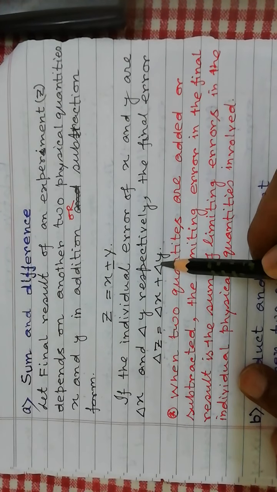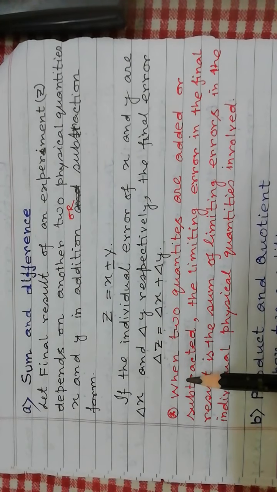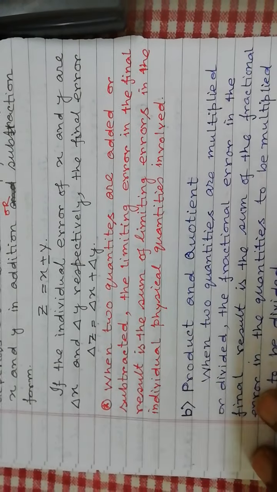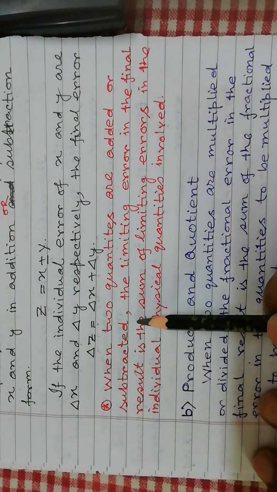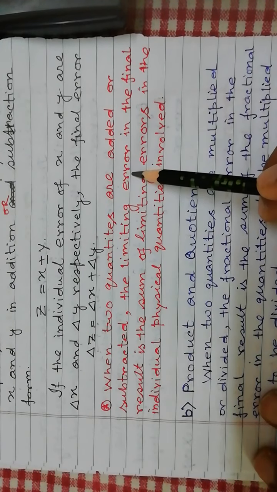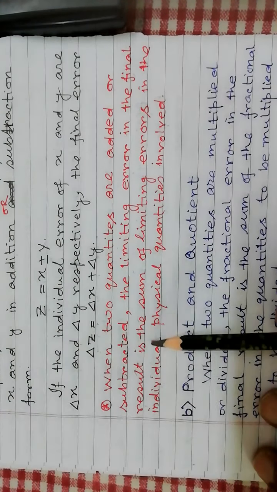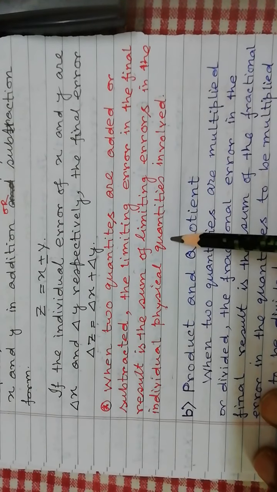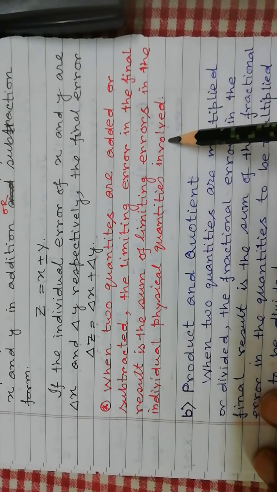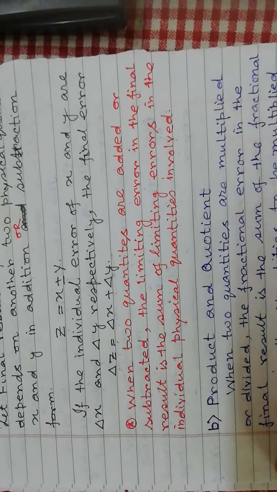All the time the individual errors are added. Here when two physical quantities are added or subtracted, the limiting error in the final result is the sum of the limiting errors in the individual physical quantities involved.